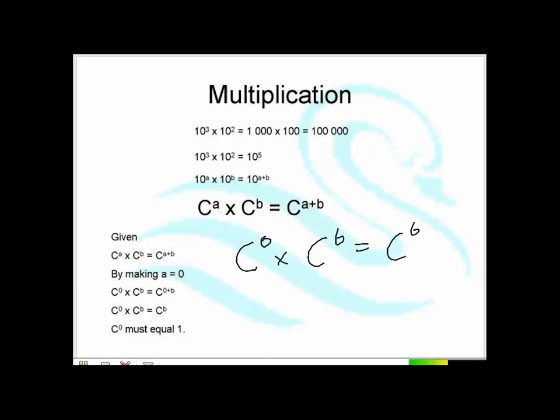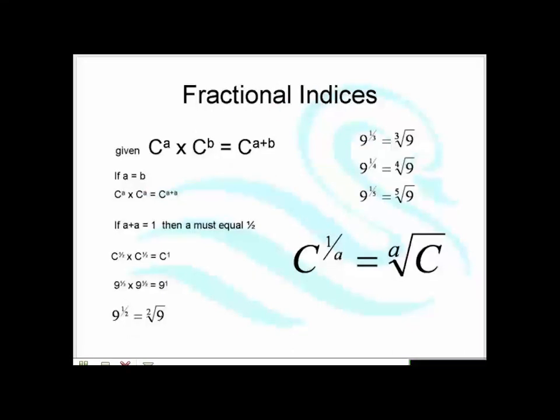I take the c to the power of b over to the other side, and I end up with c to the power of 0 equals c to the power of b divided by c to the power of b, which equals 1 every time. So anything to the power of 0 always equals 1.